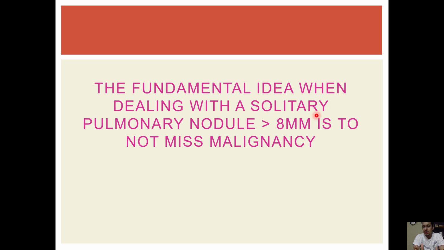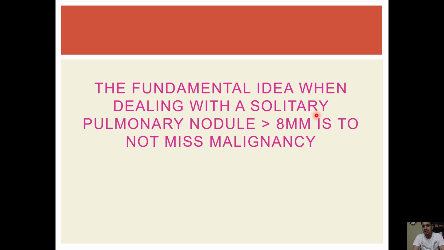The basic concept is the nodules which are less than 3 mm, whether it is a solid nodule or a ground glass opacity like nodule, can be best left alone. Those which are 3 to 6 mm could also be safely followed up in intervals of maybe 6 to 12 months depending on the solid component.